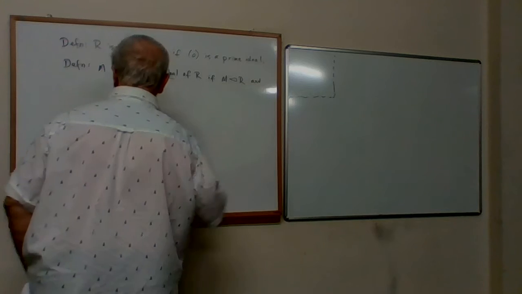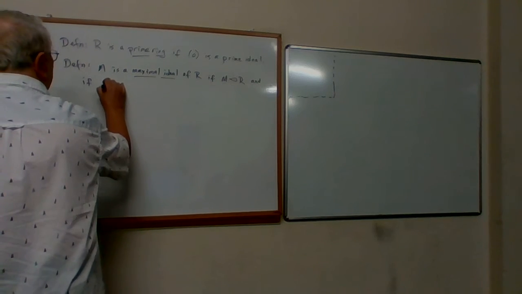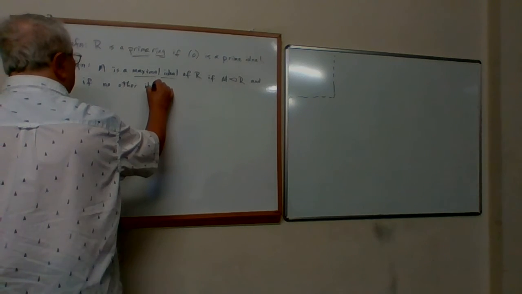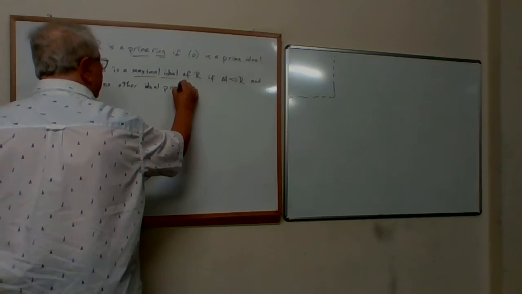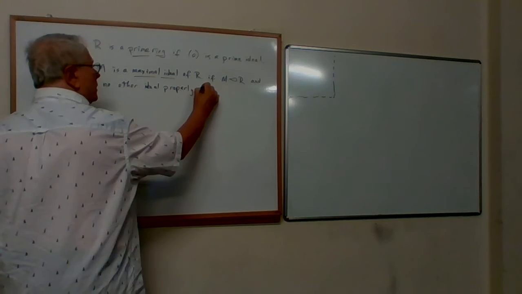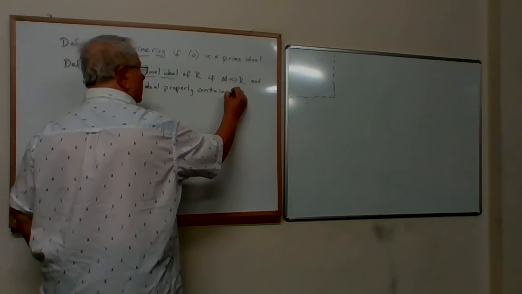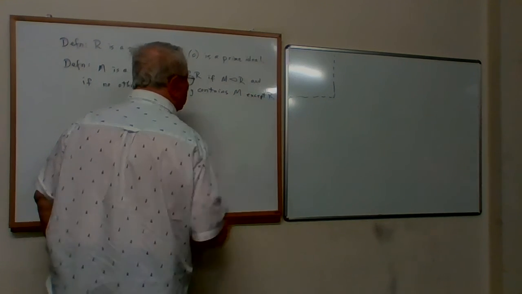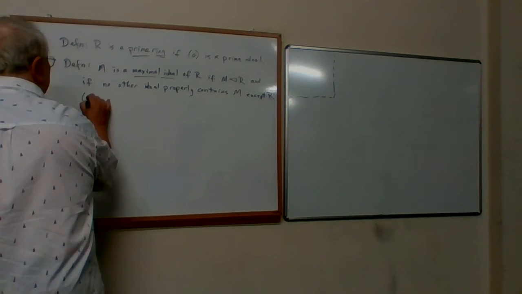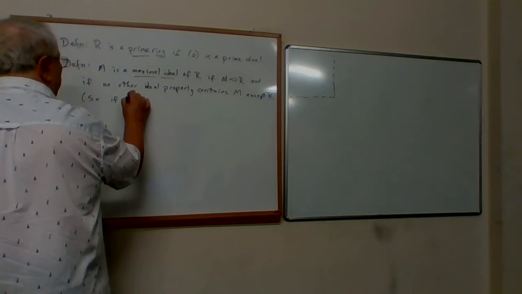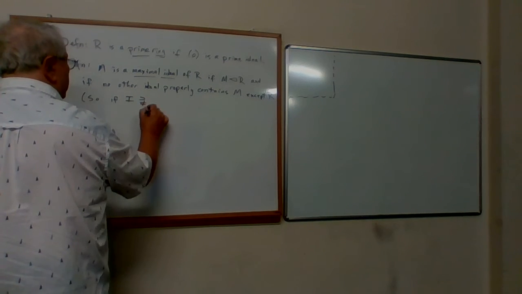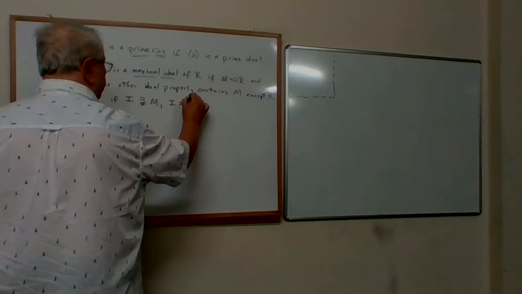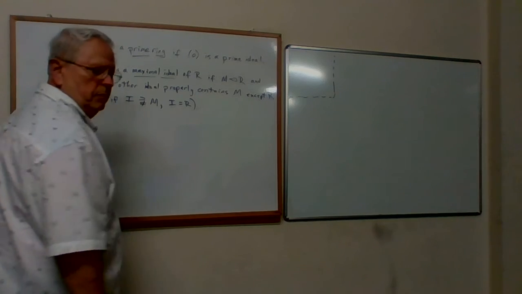And if no other ideal properly contains M except R itself. So if I contains but is not equal to M, then I equals R. Okay, that's what it means to be a maximal ideal.